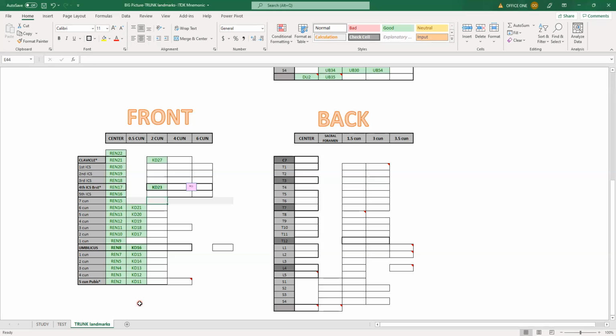We skip this 7 Sun line, and this is where the channel changes in direction to 2 Sun. So kidney 22, kidney 24, kidney 25, kidney 26.